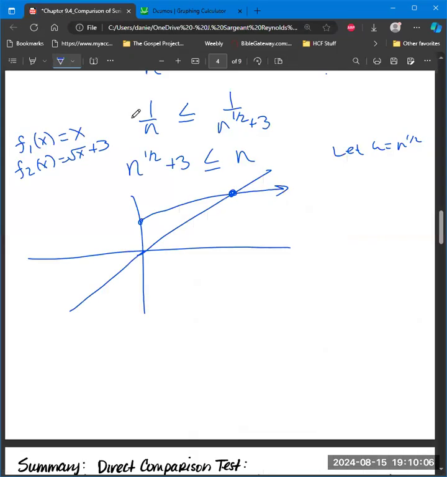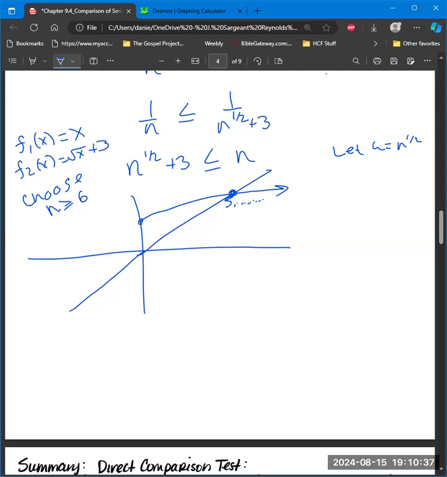So I need to choose n greater than or equal to 6 for this to work, since this is 5 point something something something. So any number bigger than 5 will be fine. Just pick something sufficiently large that's bigger than 5.